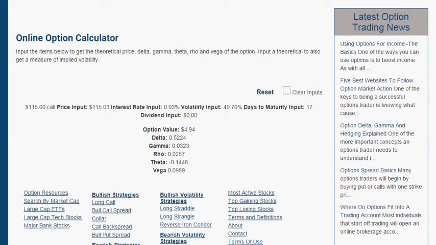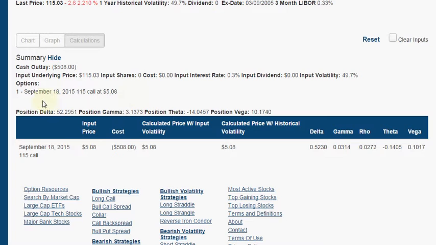Now, if we look at position delta, what we know about position delta is that if a stock moves up or down 1 point, the amount that you will lose or gain is approximately $52.29 based on our calculation here.